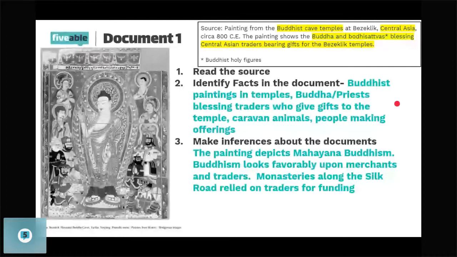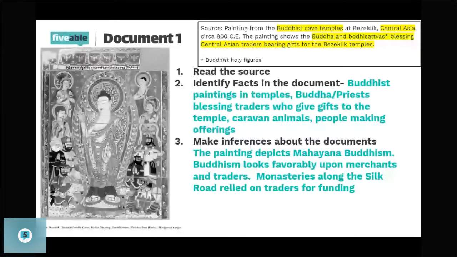And then the next thing I have students do is make inferences about the document. So after looking at those facts, what conclusions can you draw? These are the ones I did. The painting depicts Mahayana Buddhism. If you don't remember Mahayana Buddhism, it's one of the branches that is okay with materialism and wealth accumulation, and they have the bodhisattvas, and they really wanted large donations to their temples.